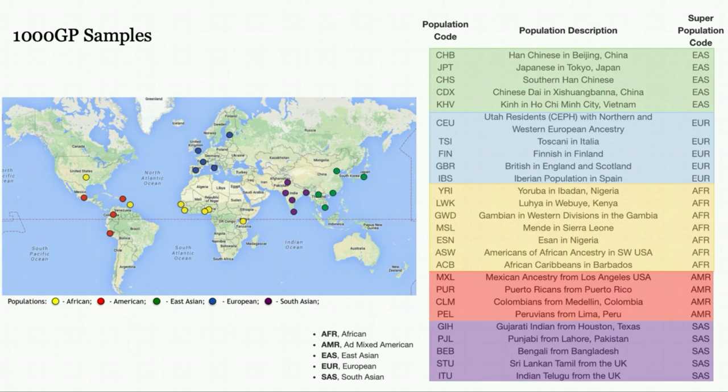But those differences are likely to be restricted to that specific population. We can talk about the effect of population, especially how different populations will have different patterns of genetic variation. So we're going to talk about that later.